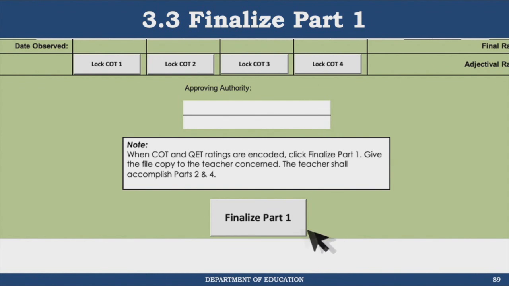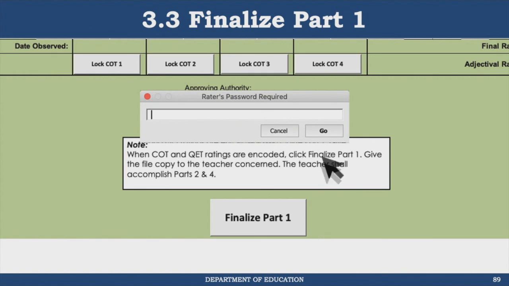Then, the rater will click Finalize Part 1 button, which prompts for the rater's password that was previously set. Input the rater's password and click Go. This locks Part 1. You will confirm that Part 1 has been finalized because the background color has turned red.